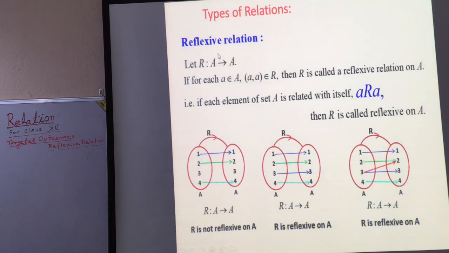Now, if each element of this set is connected with itself, then the relation is reflexive on A. Doesn't matter if some element of A is connected with some other elements also. It may be possible. We have to see only one thing as per definition, whether each element of the set is related with itself or not. If yes, it is reflexive. If there exists even one element which is not connected with itself, then only we say that it is not reflexive. Take one more example.